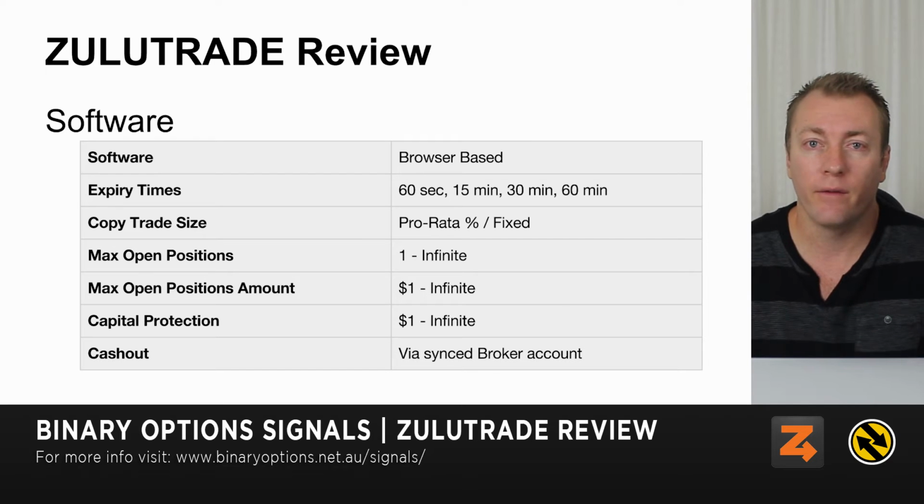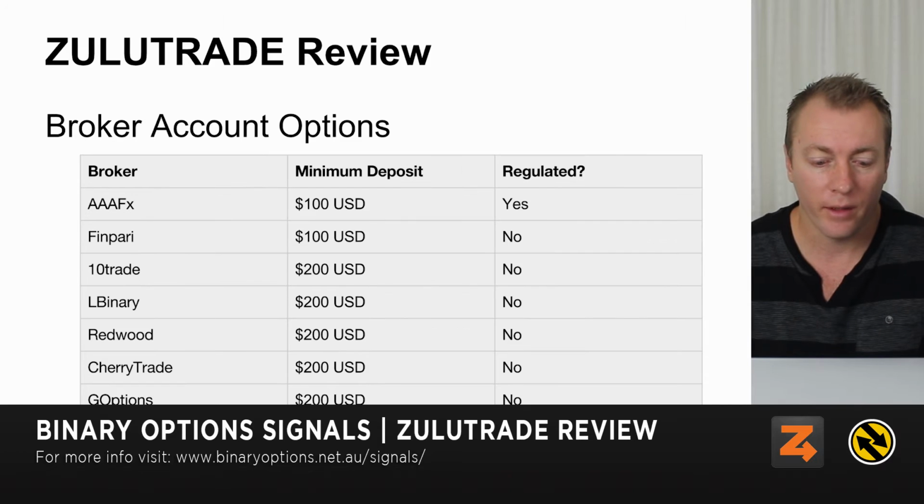So if you only want to trade $5 or $10 or $25 trades, you just put that in your trade settings. You can also adjust the max open position. So you might only want to do maybe 3 open positions at any one time with a particular trader that you're following, or you can just leave it open to infinite if you're quite comfortable with the performance of that trader.